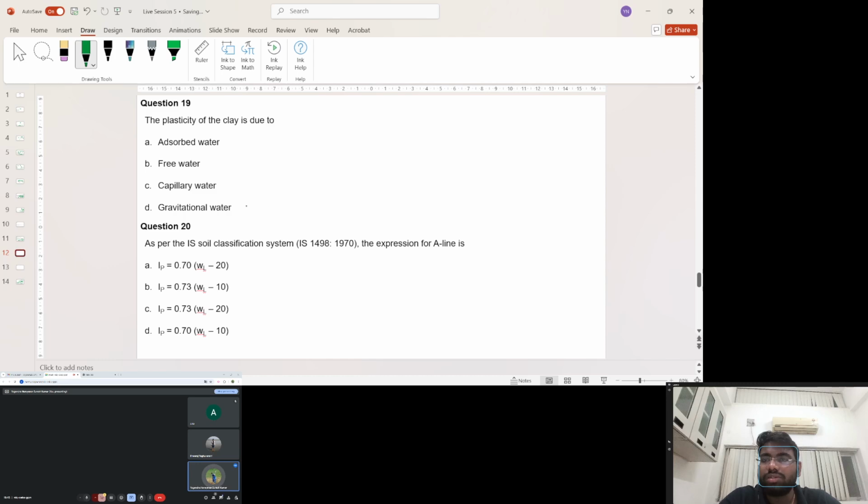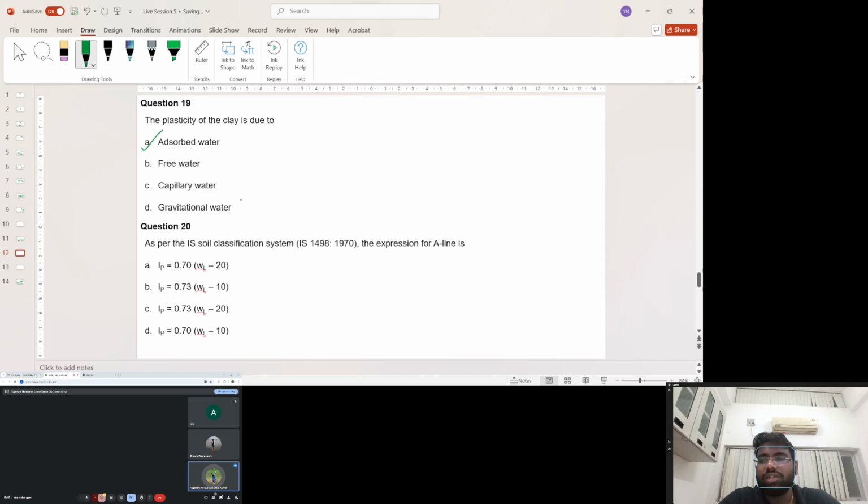Now coming to the next question, the plasticity of clay is due to. Plasticity of the clay is due to mainly its adsorbed water. So capillary water contributes to the negative pore water pressure. Water will be in tension.